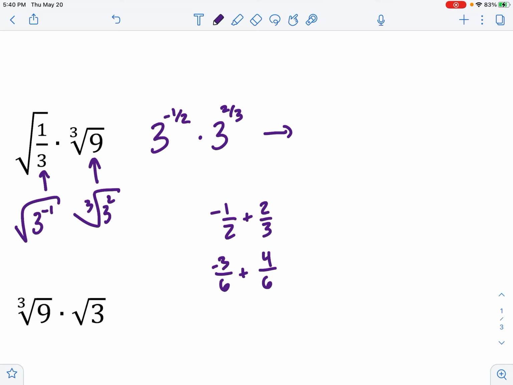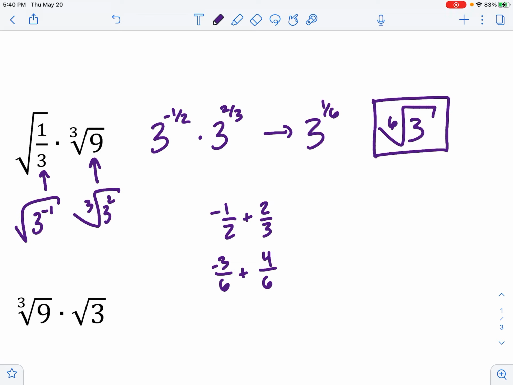I get 3 to the 1/6. What is that? That is the 6th root of 3, and that is the most that we can do. I do not know what times itself 6 times is equal to 3. It is an irrational number, so I'm not going to do that out.